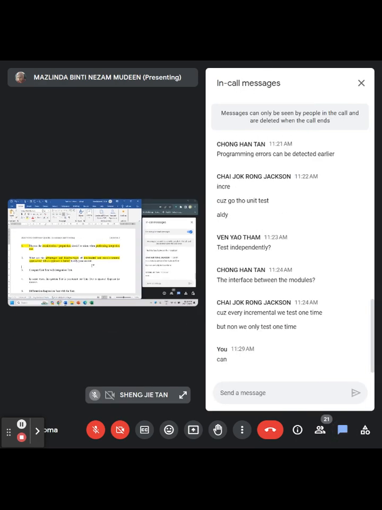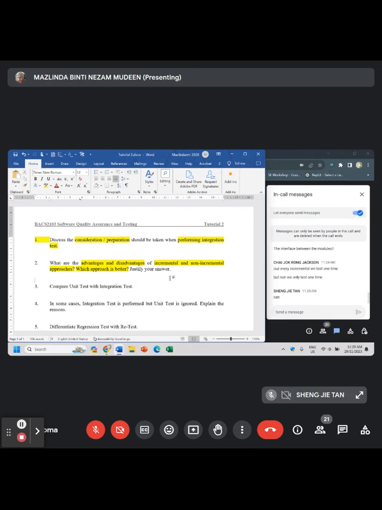So when we are able to identify the programming defect earlier, automatically it will give another advantage, which is the debugging process. When we are able to identify the defect in a small level of integration, our debugging process will be easier. So this will be our third point.